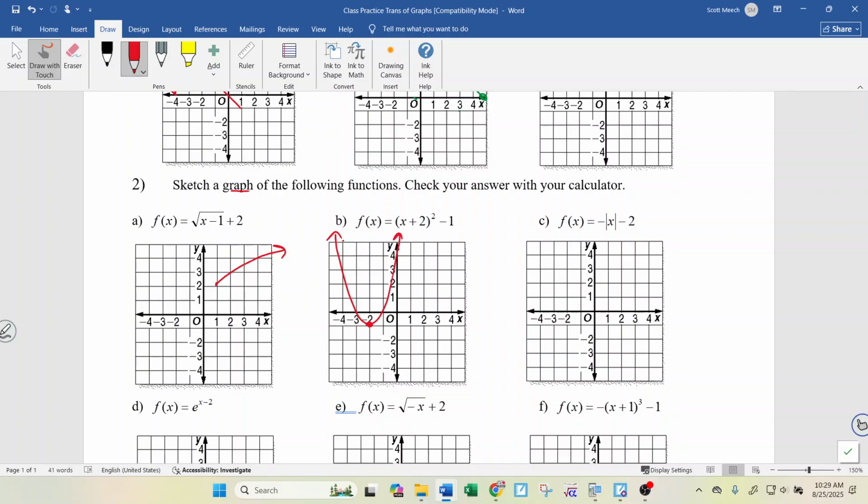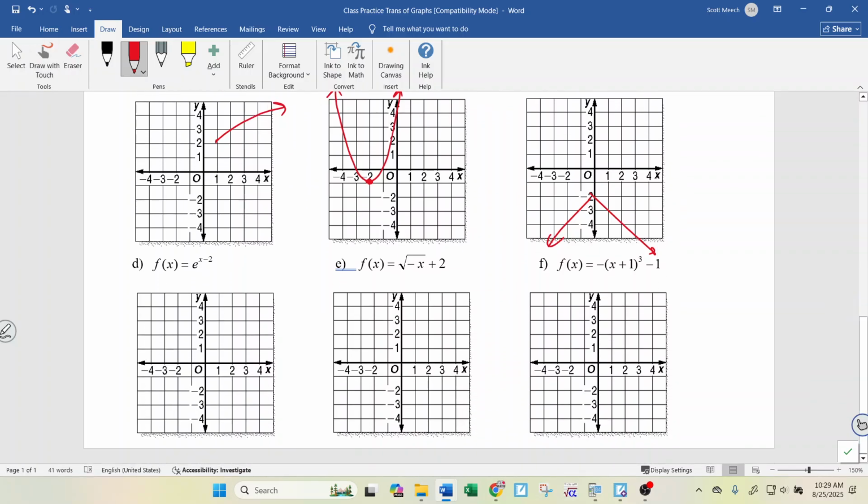Absolute value. The negative outside flips it over the x. Negative 2 goes down 2. E to the x minus 2.